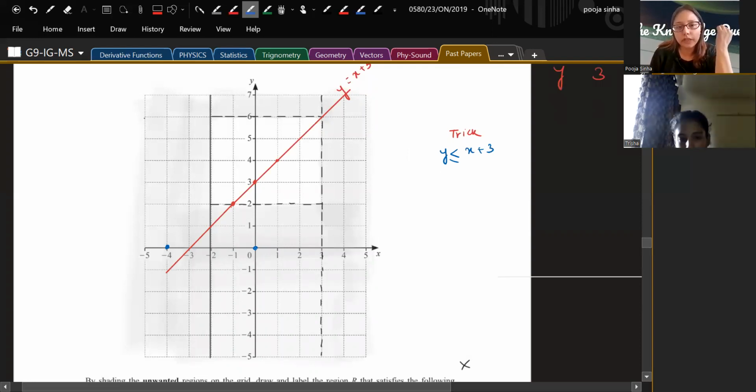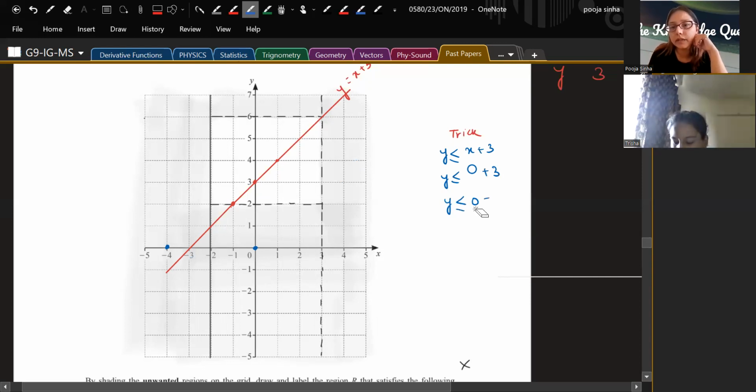So I'm going to take this point, this is on the x-axis, and I will put it here. This point I deliberately always take 0 because my calculation becomes very easy and I can sometimes do it mentally. So I take 0 here and y is less than 0 plus 3.